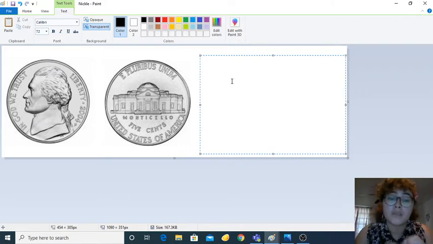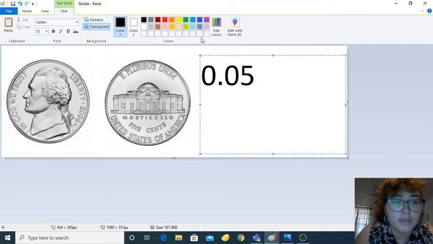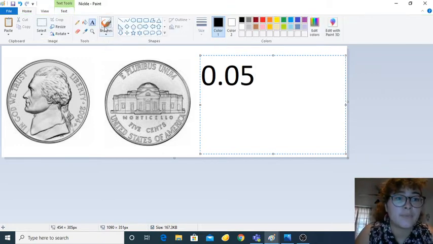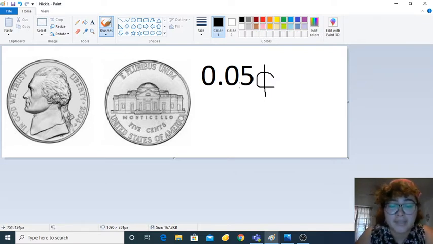So a nickel is worth 5 cents. Put 0.05 and the cent symbol. Okay, so the nickel, 5 cents.